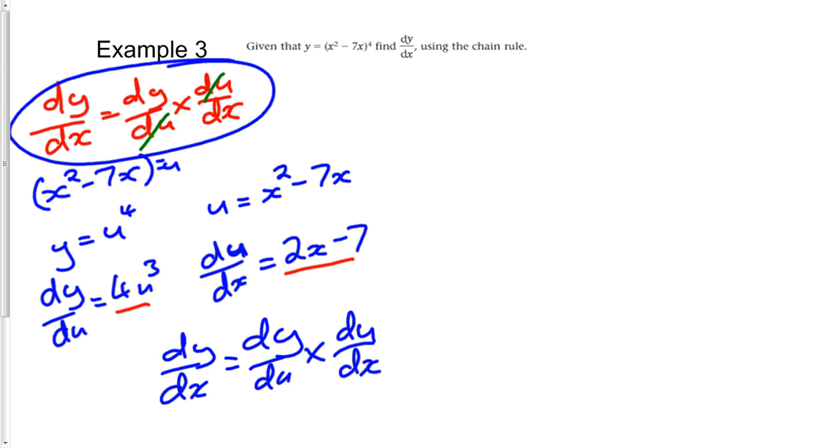So by doing that, we actually get the answer of 4u cubed multiplied by 2x minus 7, which we can stick in brackets.